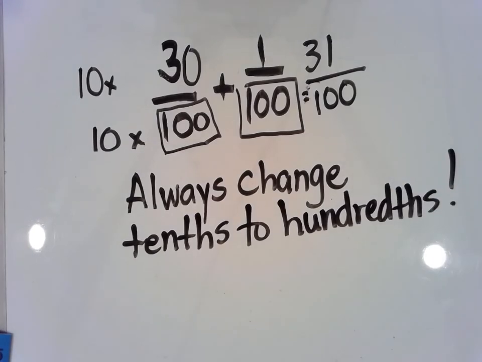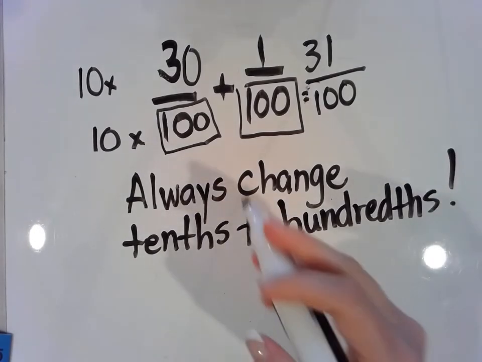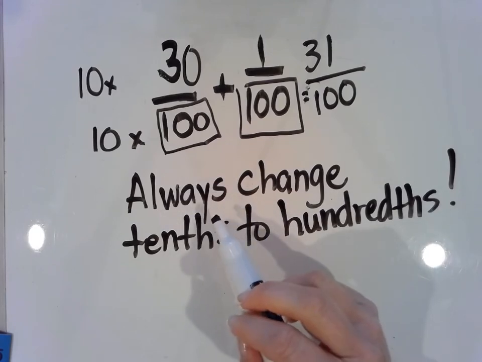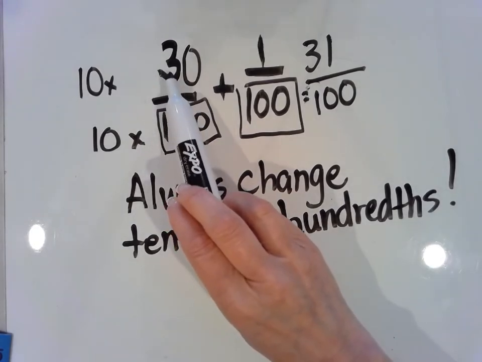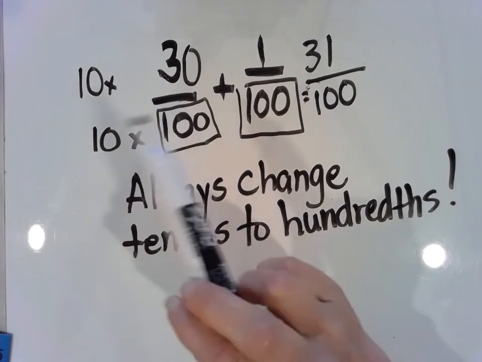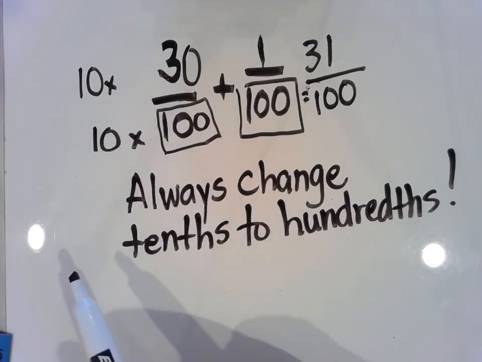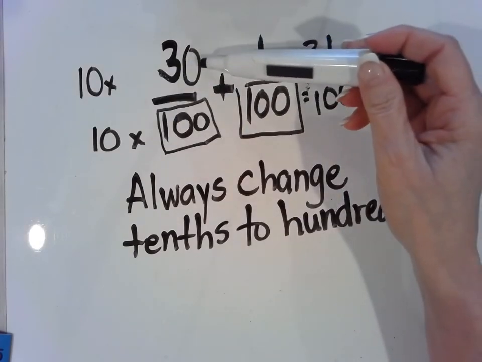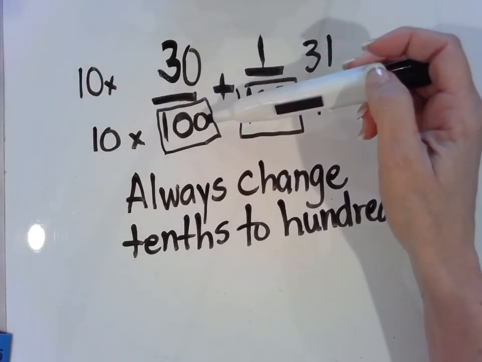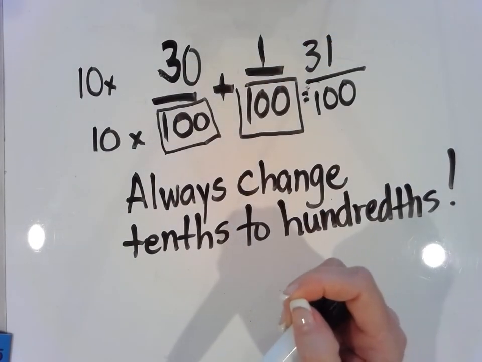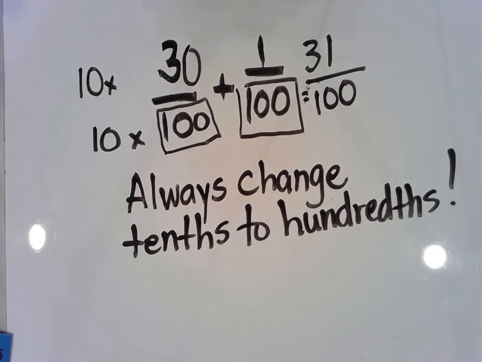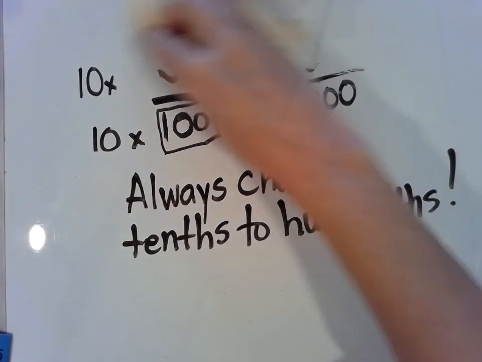And the way you do that is by multiplying the numerator on top times 10, and the tenth on the bottom times 10. That's essentially just going to add a 0 to the top and add a 0 to the bottom. Okay, let's try one more example, and you can copy this into your notes.